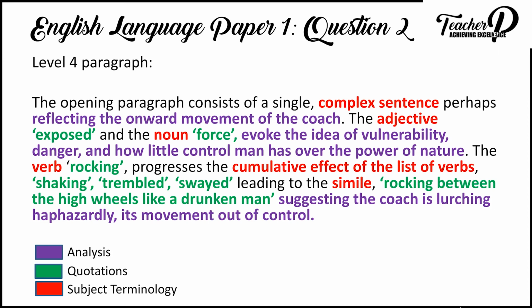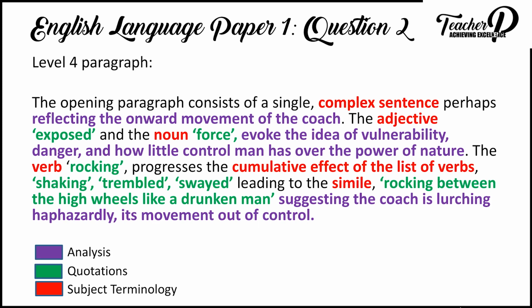They then go on to say the adjective "exposed" and the noun "force" invoke the idea of vulnerability, danger, and how little control man has over the power of nature. Once again, they've named the technique the writer has used, so adjective and noun. They have also found precise and accurate quotations, which are nice and neatly embedded, so "exposed" and "force".